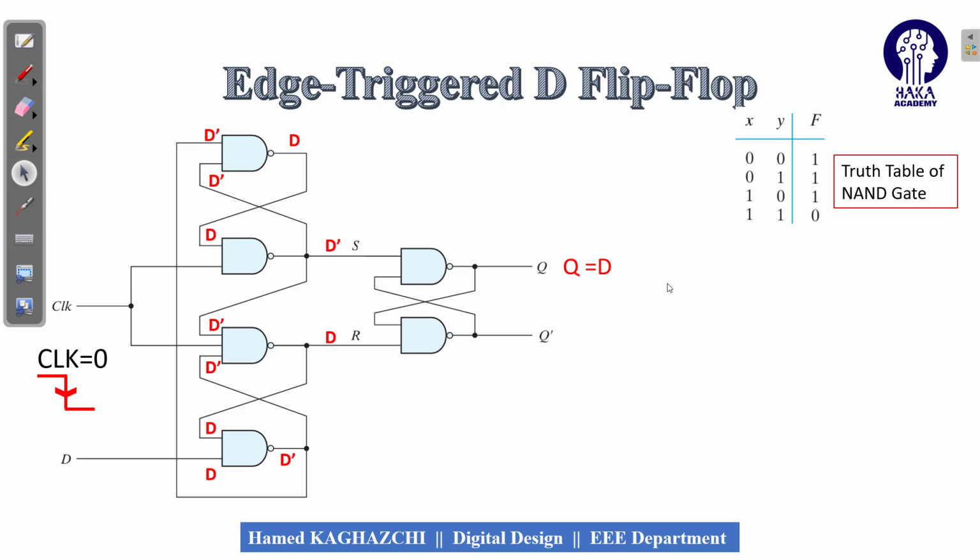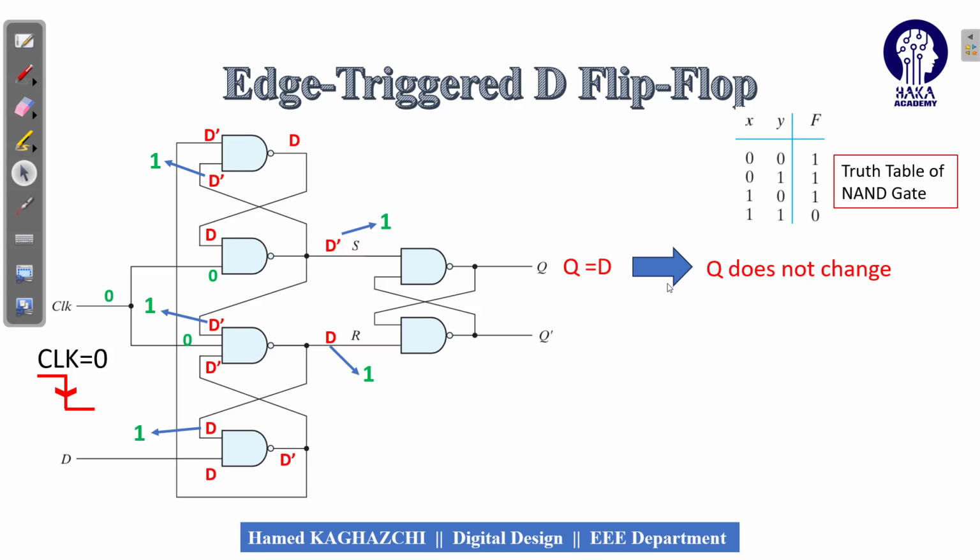And if we have the falling edge of the clock pulse, here will be equal to 0, 0. D prime again will be converted to 1 because the input is equal to 0. Also D is converted to 1. This D will be converted to 1. This D prime will be converted to 1. So this D prime again will be converted to 1.